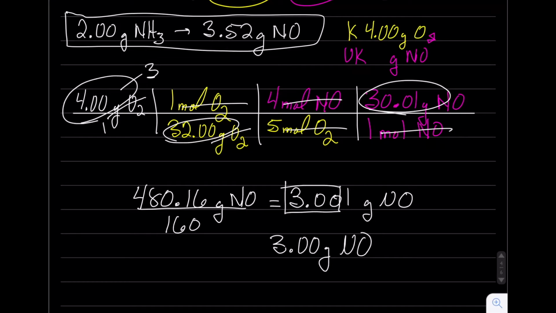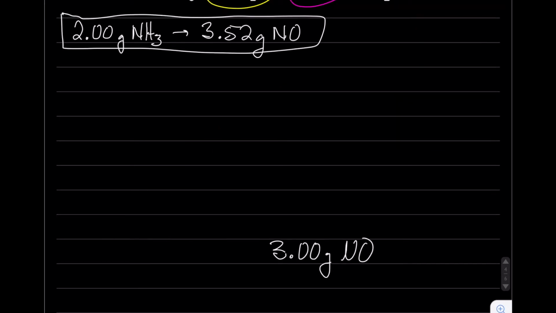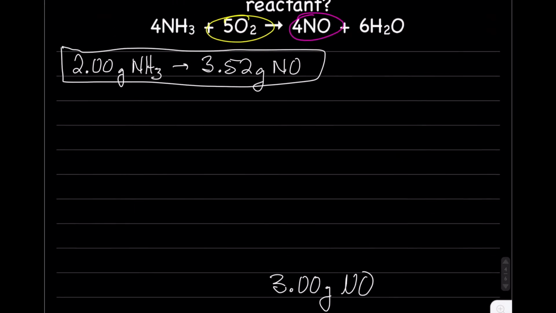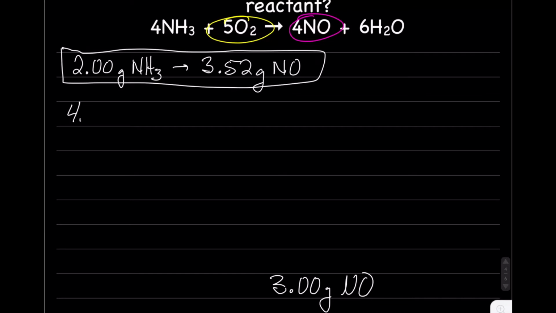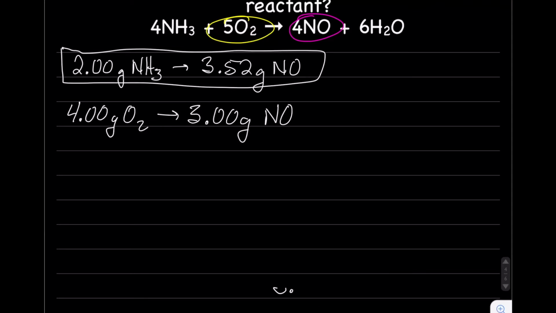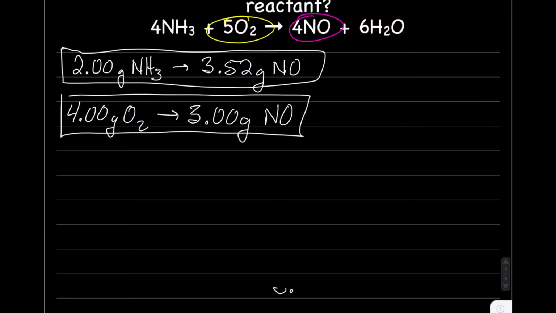All right, let's erase a little bit of this stuff, clean it up a little bit. And when we start with 4 grams of O2, we produce 3.00 grams of NO. So, which one now is limiting?